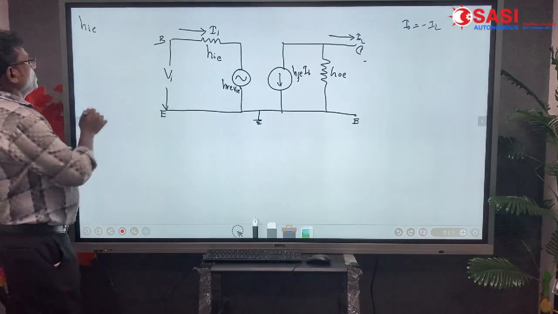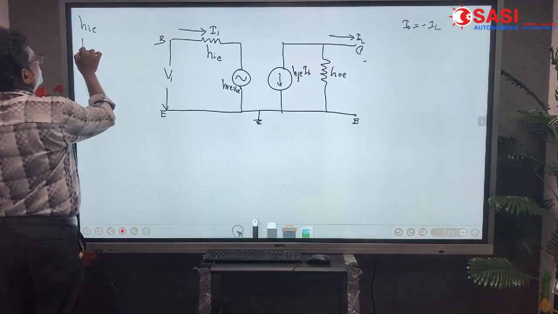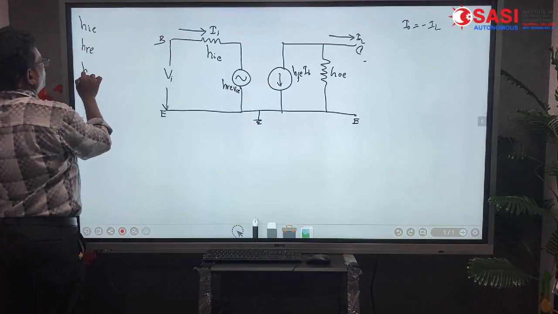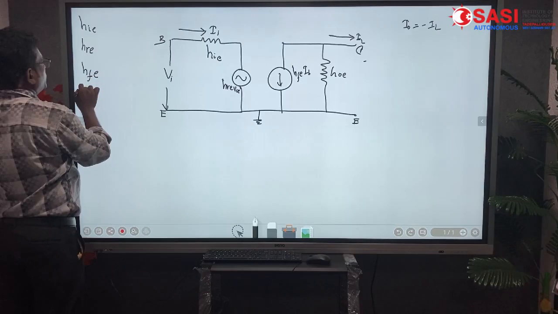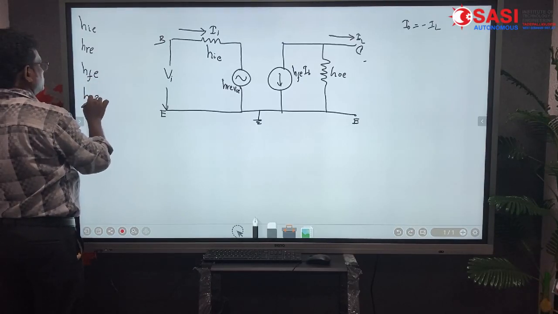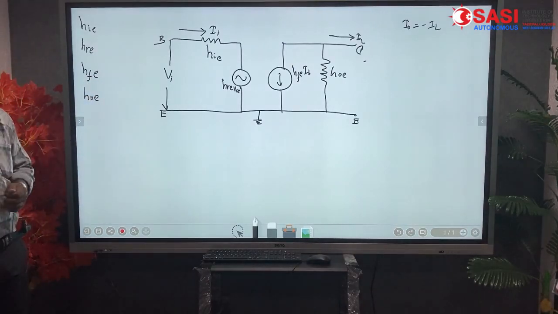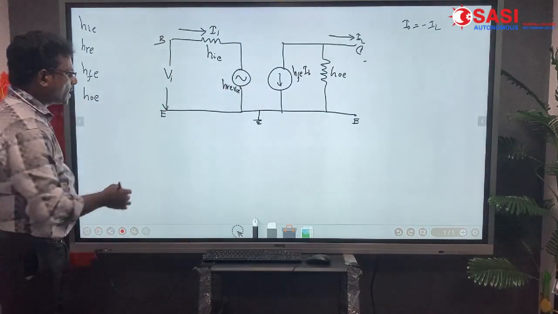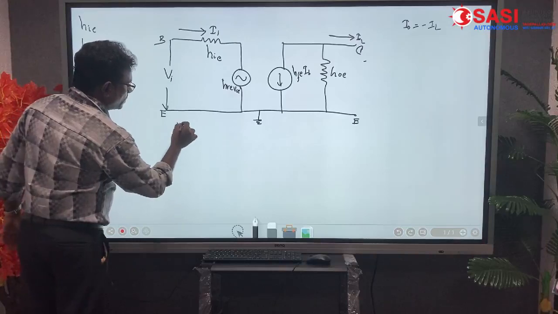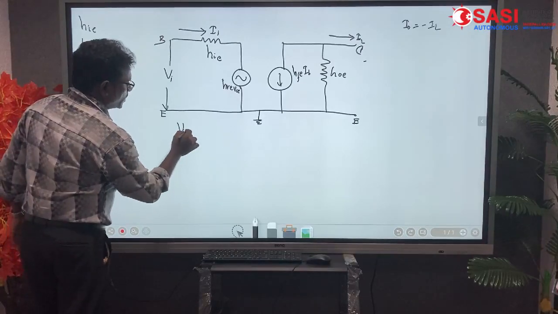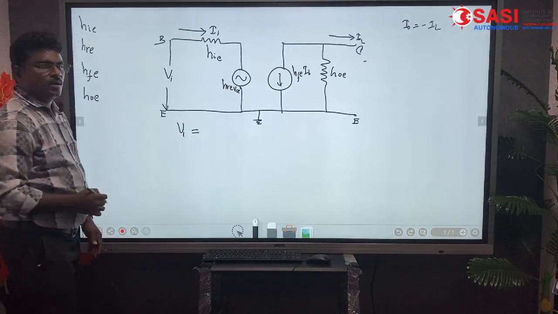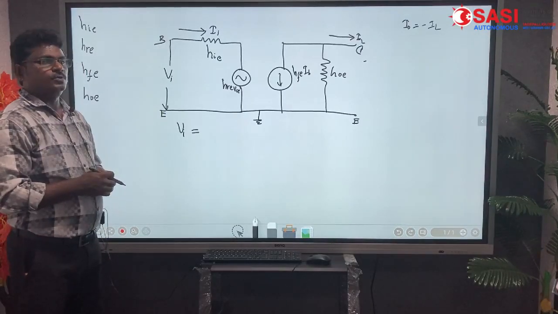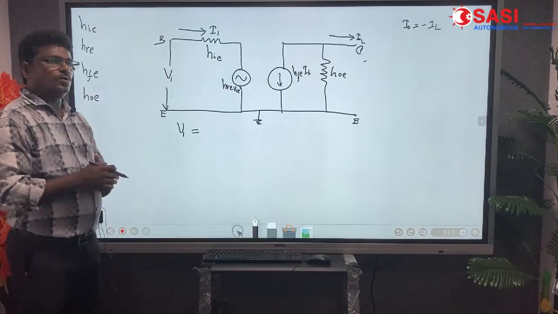Okay. So here HIE, HRE, HFE, HOE. According to the input port is the voltage, output port is the current, we can write the 2 equations. First one is for input port 1 to determine the voltage drops in the port.